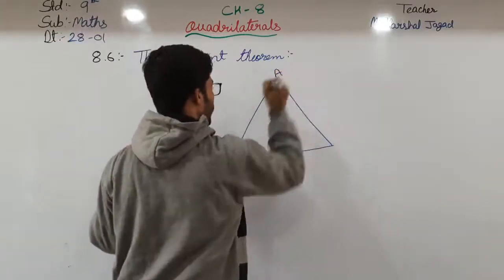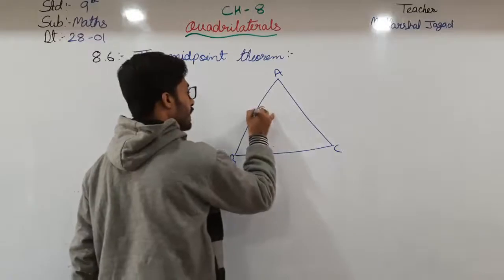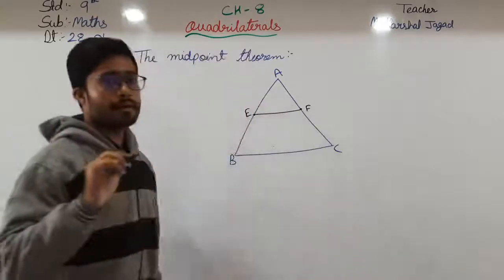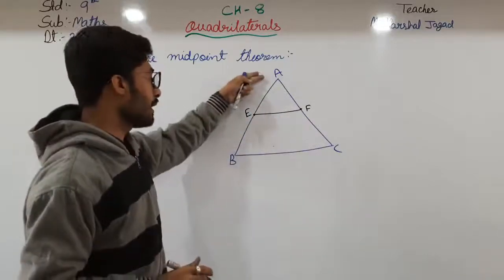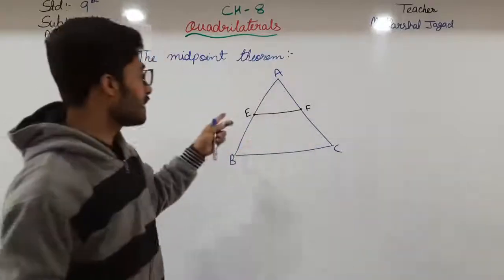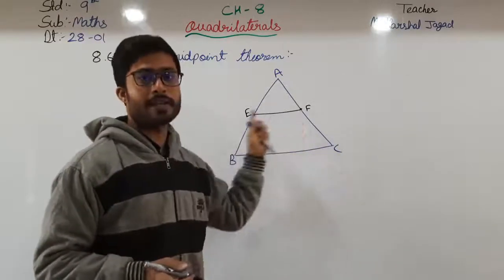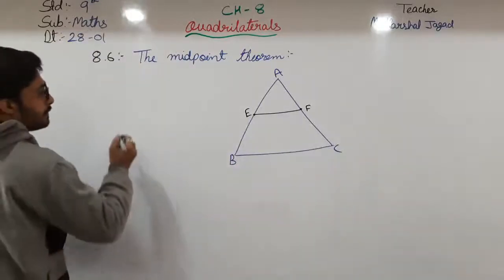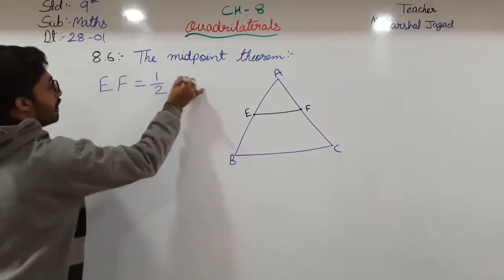Here I give A, B and C, the triangle ABC, and here we have to draw E and F. They are telling us to take the midpoints of AB and AC, which gives the two points E and F. Then measure EF by joining and measure BC, and you will get EF equal to half of BC.